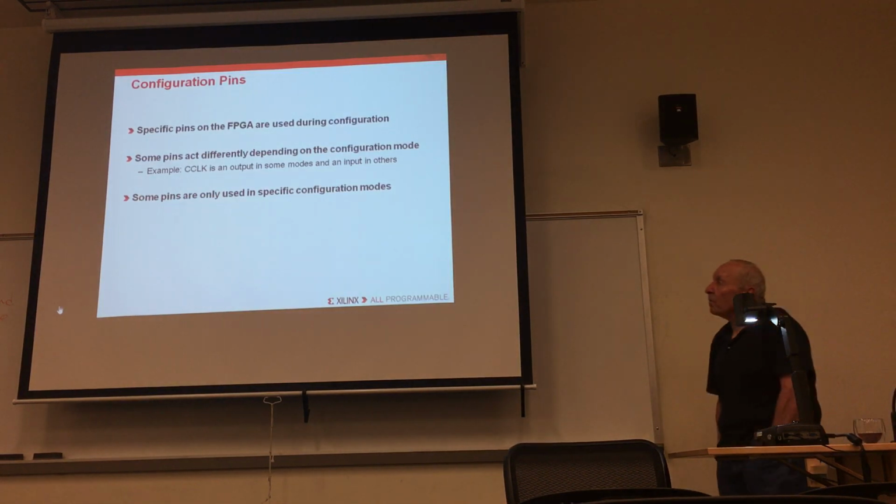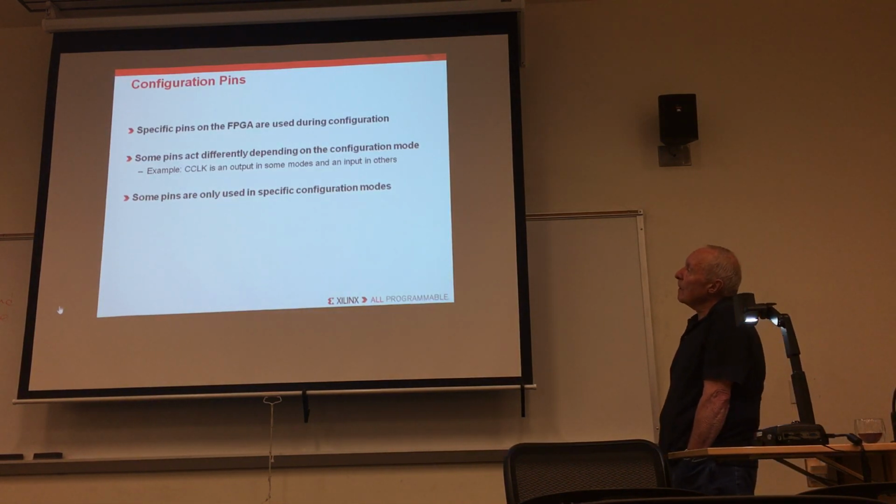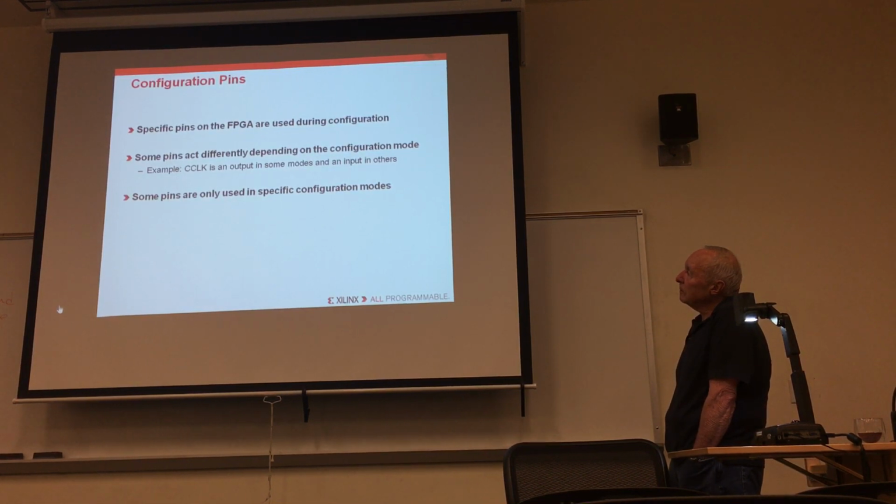Specific pins in the FPGA are used during configuration. Some pins act differently depending upon their configuration mode. For example, the clock, or C clock pin, is an output in some modes, while it is an input in other configuration modes. Some pins are only used in specific configuration modes as well. Now, this is a little challenging because each configuration scheme can differ so much.